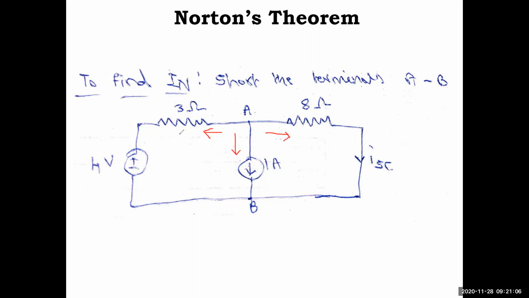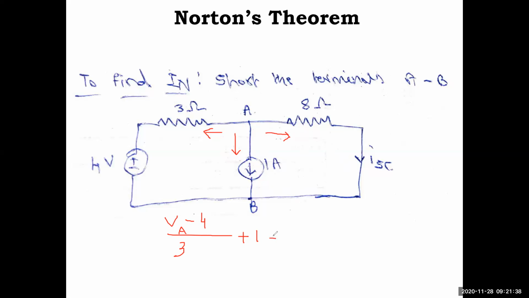If you look at this branch, there is a 4 volt and there is a VA. So VA minus 4, divided by 3. I always write the simplified equation. Then plus 1, since the current is only leaving. Here you can consider in terms of ISC or in terms of VA by 8, VA minus VB by 8.